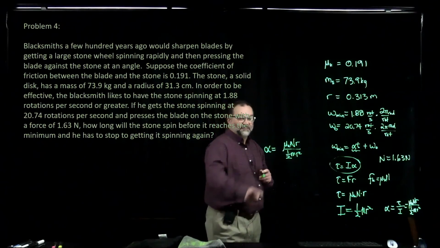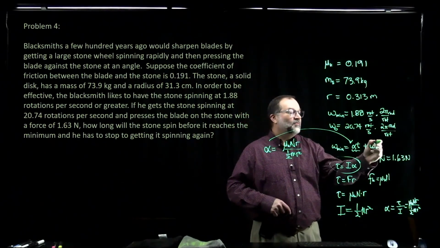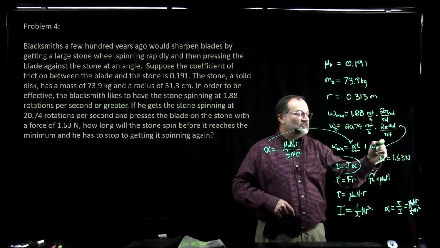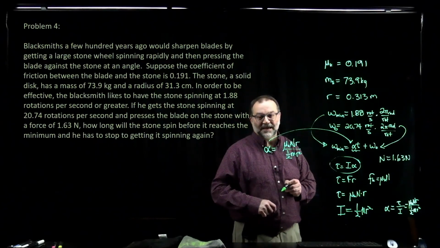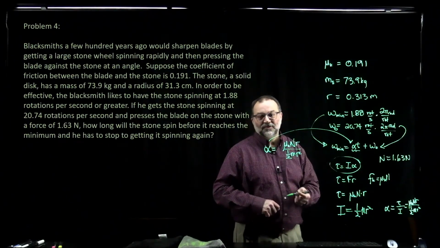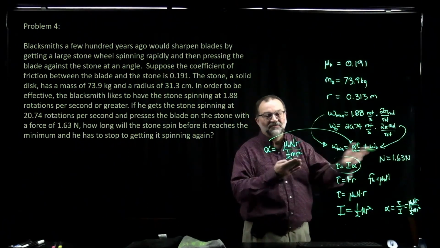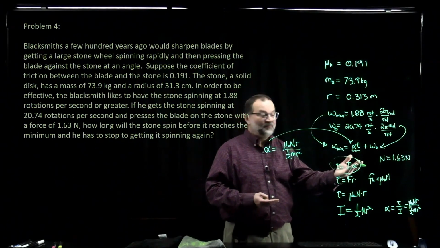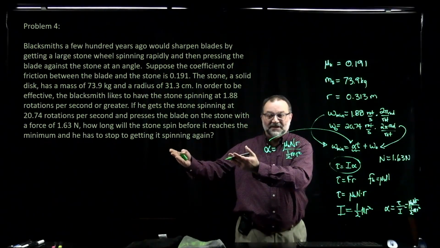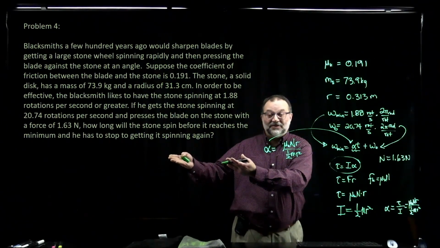So we know alpha. We take that back to here. We know omega naught because that's where we start, and we know where we end up, omega min. The only thing we don't know in this equation at this point is time. And so we solve this equation for the time, and once we have the time, we stick it in as the answer in Canvas. And that's how you get this problem done.